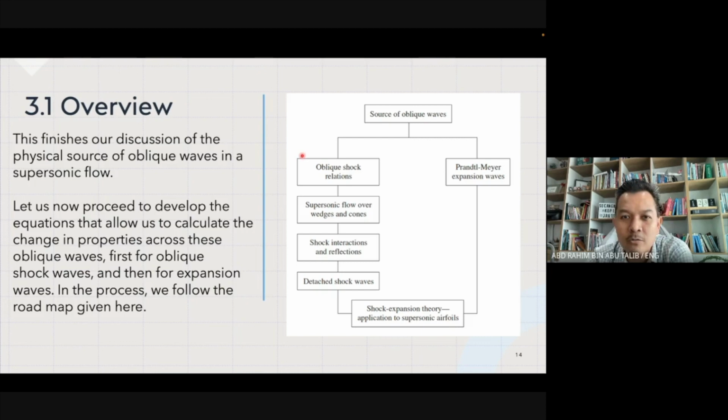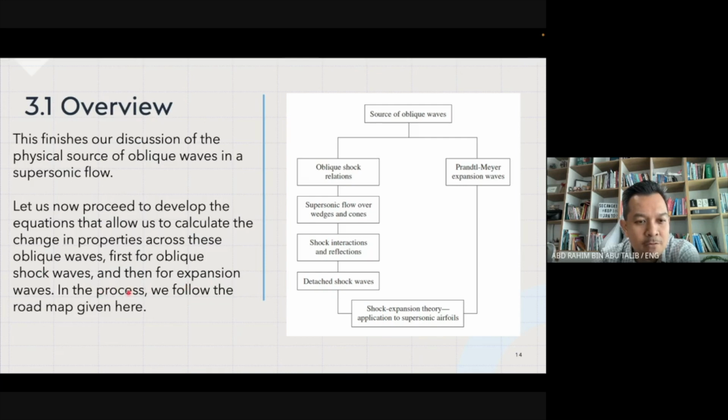As usual, I'm showing the plan for this particular topic. Before we proceed further, let us develop the equations that allow us to calculate the change in properties. Like normal shock, we need to look at the property changes, but first for oblique shock wave and then for expansion wave.